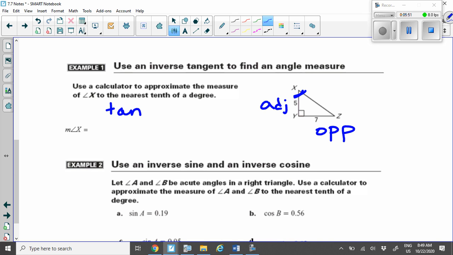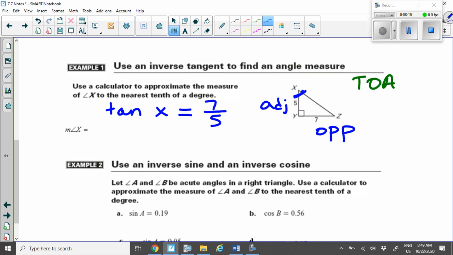So here I'm going to do tangent x equals, and I'm going to set up my fraction. Here we have to do adjacent over opposite, okay? Remember, actually that's opposite over adjacent, excuse me. For SOHCAHTOA, we have TOA, so we have opposite over adjacent. Our opposite side is 7, and then we have a 5.